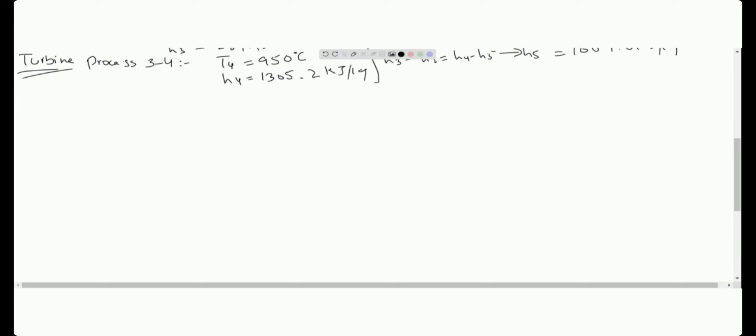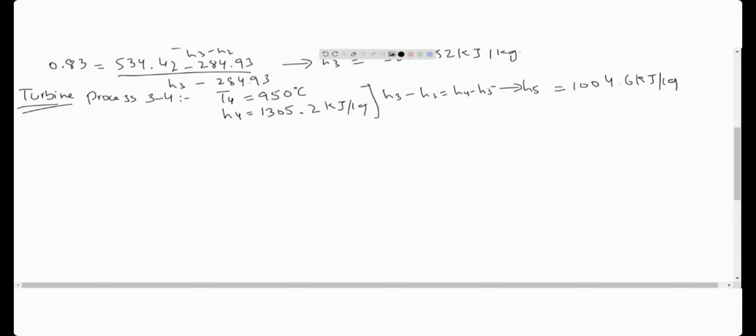By putting the values, that are 585.52 minus 284.93 equals 1305.2 minus H5, and the value of H5 will come out with this.